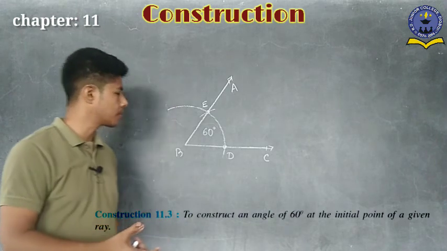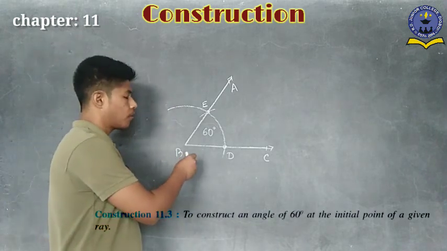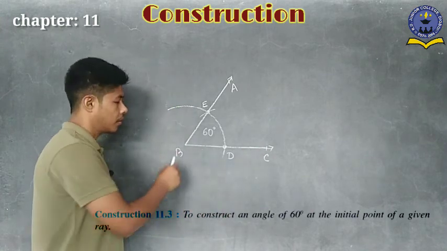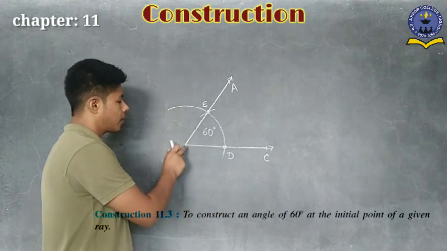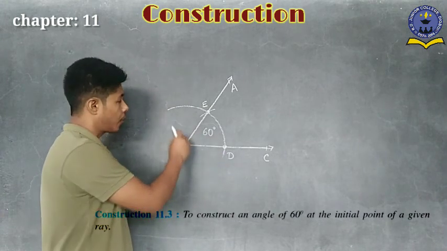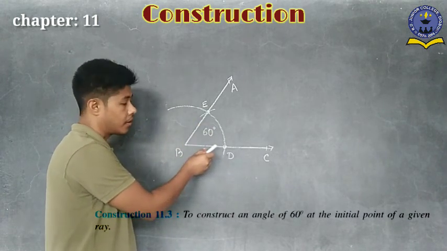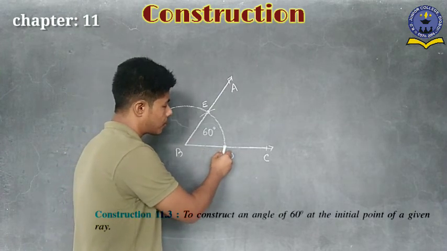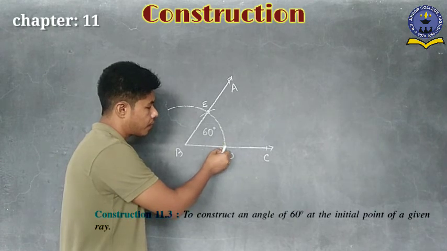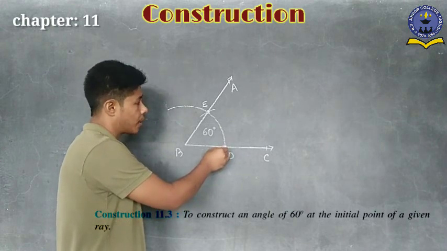Let's recall one more time. First, we draw a baseline, which we consider BC. Then, taking B as a center, draw any arc. This arc intersects BC at D. With the same length, taking D as a center, we draw an arc again.